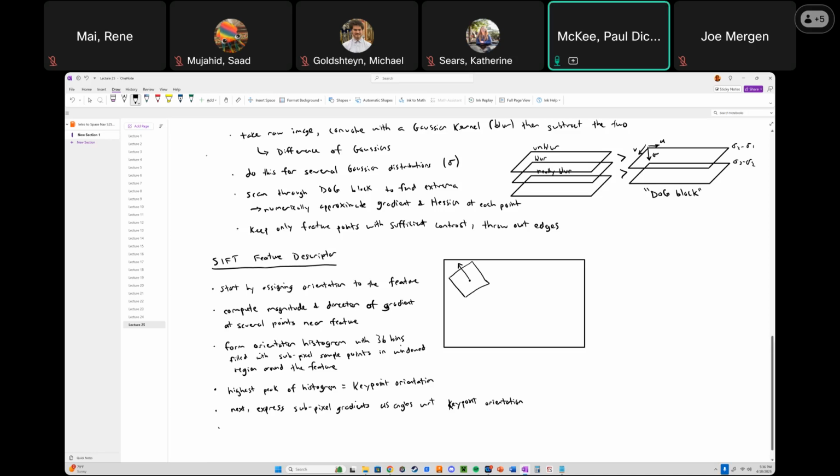We sample a 16 by 16 grid around the key point. And we produce 4x4 orientation histograms with 8 bins each.